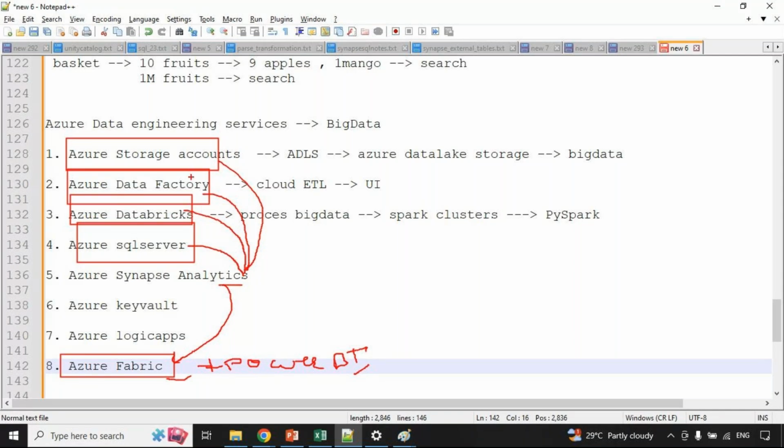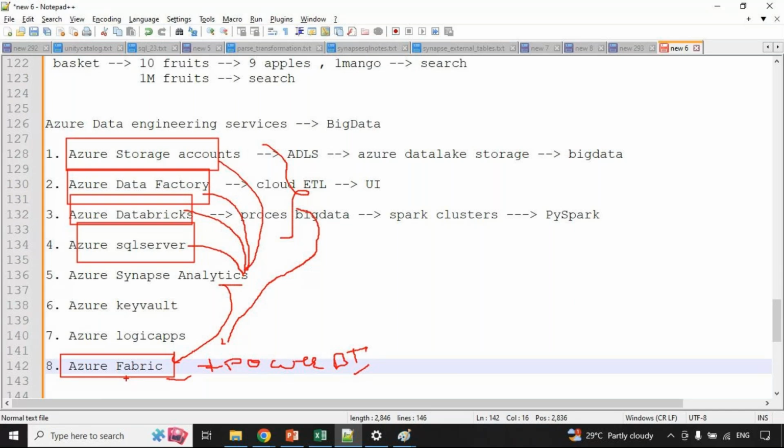Because nowadays Fabric-related projects have not yet completely started, guys. Whatever projects have existed for the last 5 years, people are using these services, and they have to convert them into Fabric. It is not yet completely started. So if you go directly to Fabric sessions, you won't understand, guys.